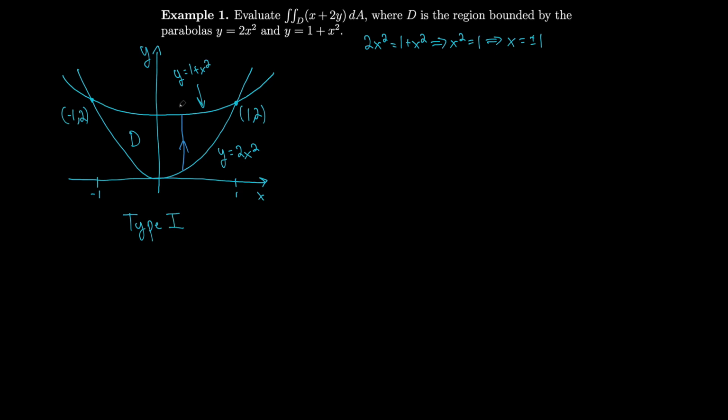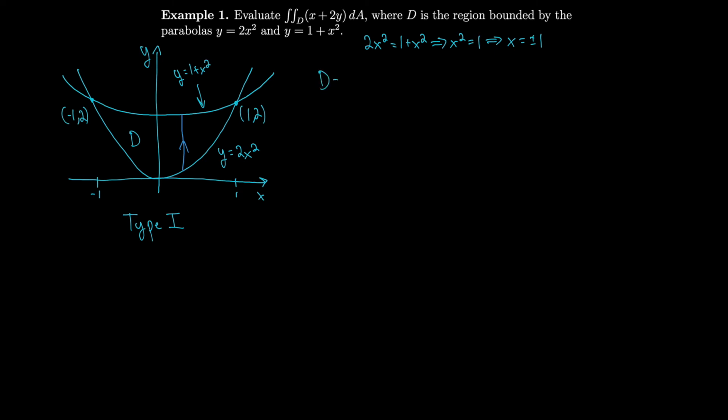I'm always going to draw the arrow to indicate the inner integral, the partial integral. So in this case, my inner integral goes from y equals functions of x. So I'm integrating with respect to y first. It's type 1.